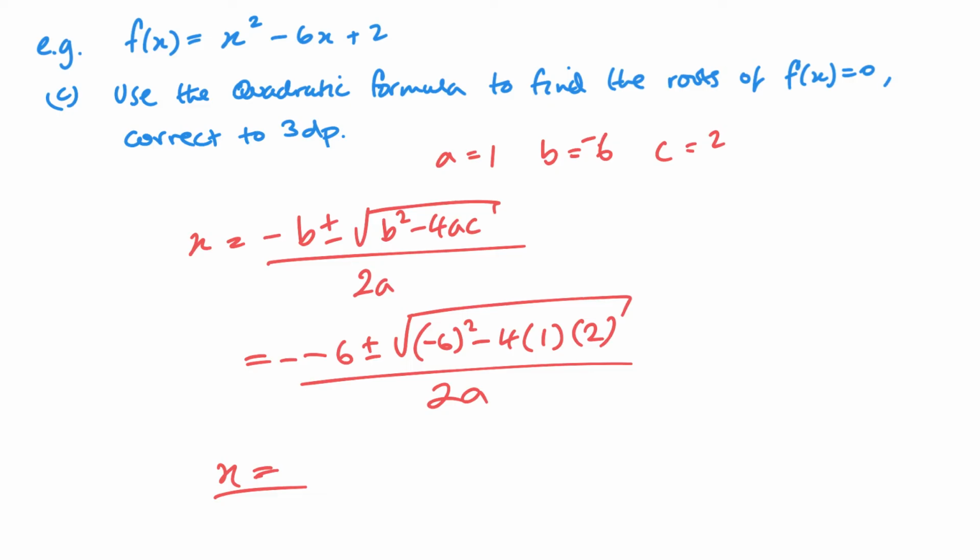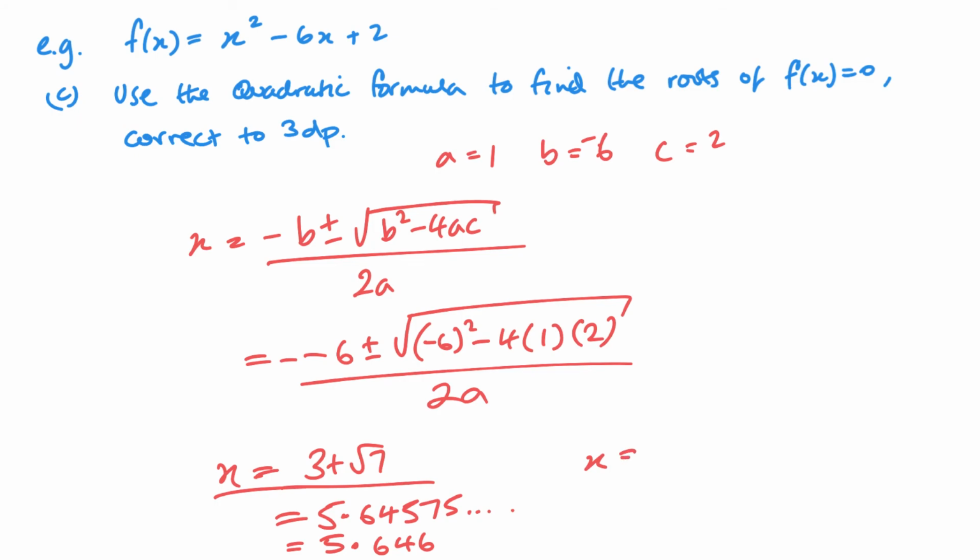Okay, and then I should get my 2 values out, which are 3 plus root 7, which as a decimal is 5.64575 and so on, which we can see is 5.646 to 3 decimal places.